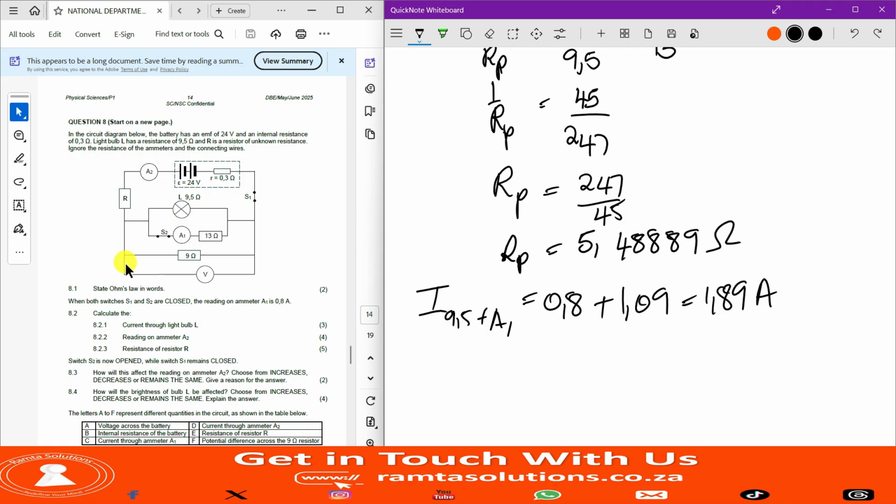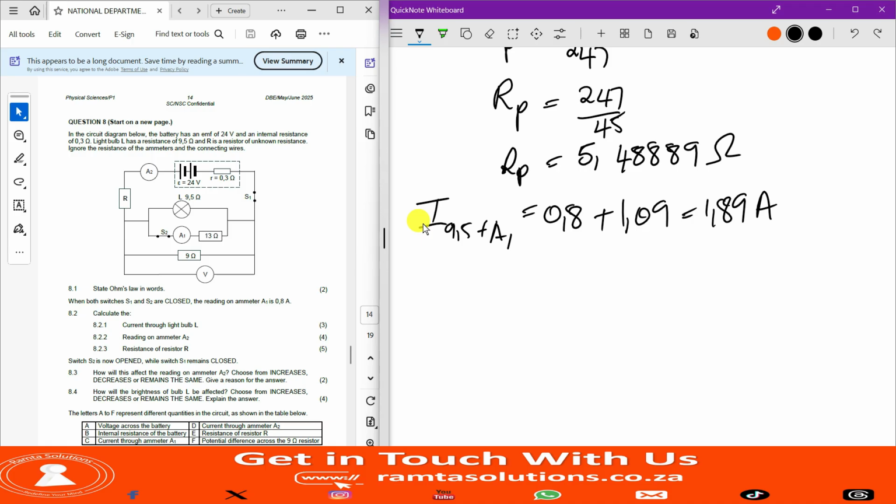Of course, there will be another current flowing this way. Now, we have an idea. To know the potential difference here, I need you guys to be careful. We are looking for the current flowing on ammeter A2. So far we do not know the current that's flowing to this terminal.